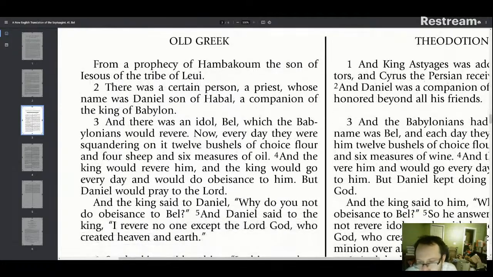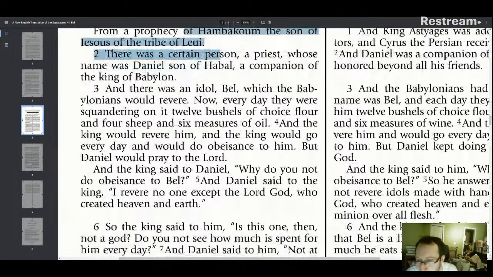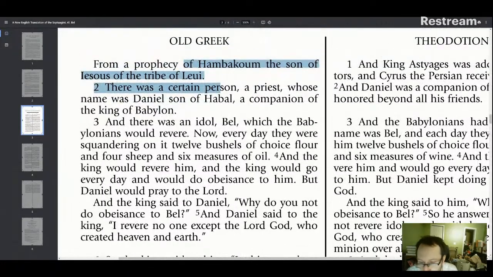But because it talks about Daniel, it was added. People liked the story so much, and they loved how much Daniel was in the story. They wanted it to be part of the Bible or part of the traditional Old Testament. So they added it from the apocryphal book of Habakkuk into the book of Daniel.